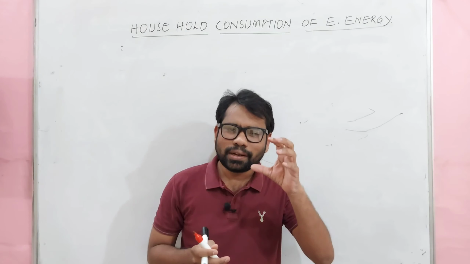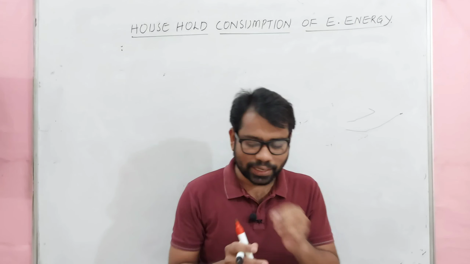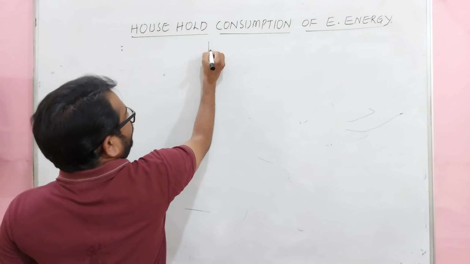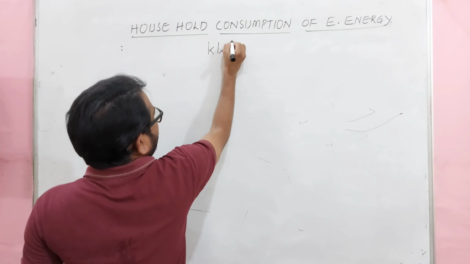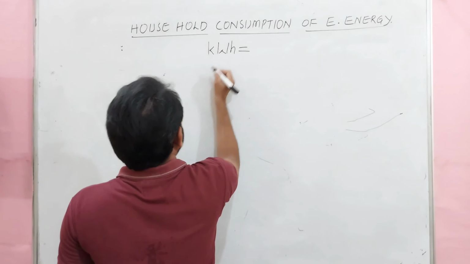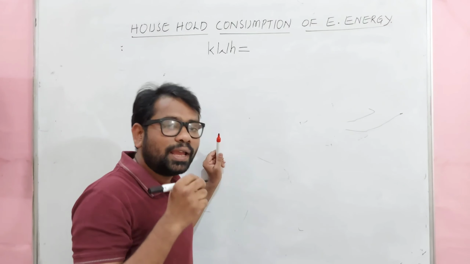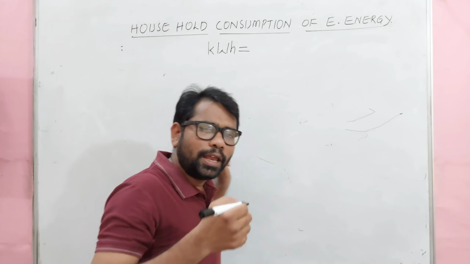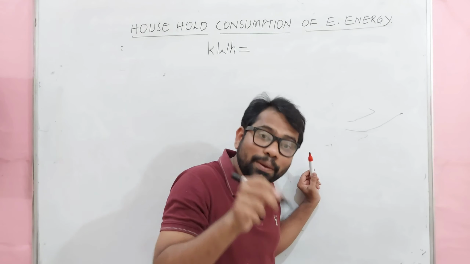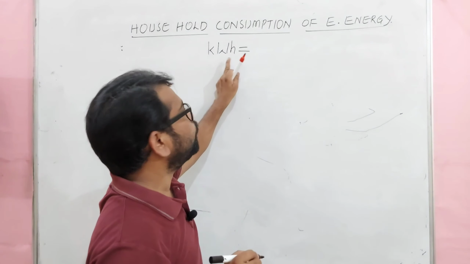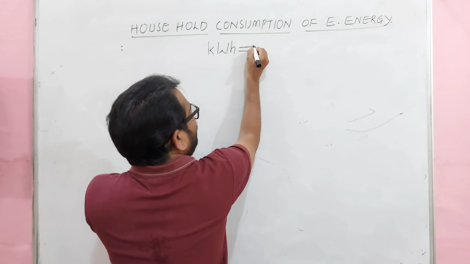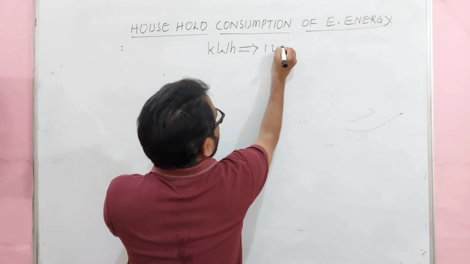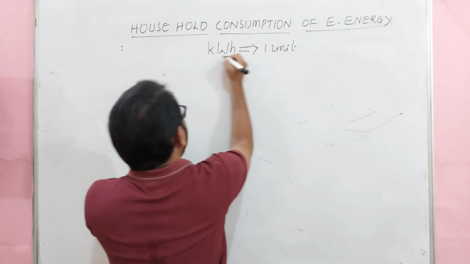Dear children, the electrical energy consumed can be calculated in terms of kilowatt hour. Whatever electrical energy electric appliances consume can be calculated in terms of kilowatt hour. Children, this kilowatt hour we call 1 unit.